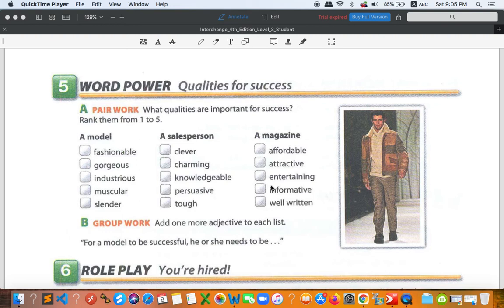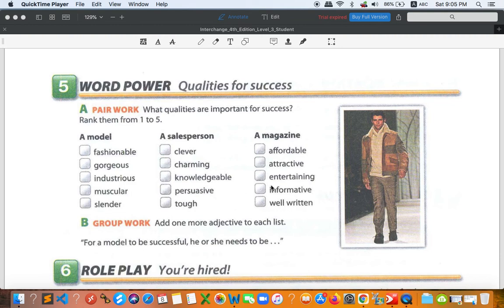So I think charming is number two. Persuasive, good at talking or explaining or convincing people to buy your products or services, right? Clever and tough later. You might have different ideas. It is fine.